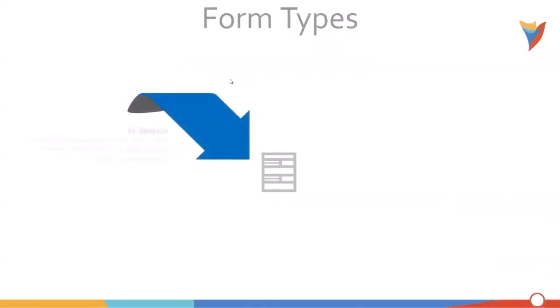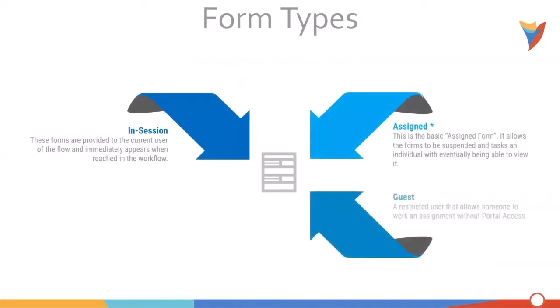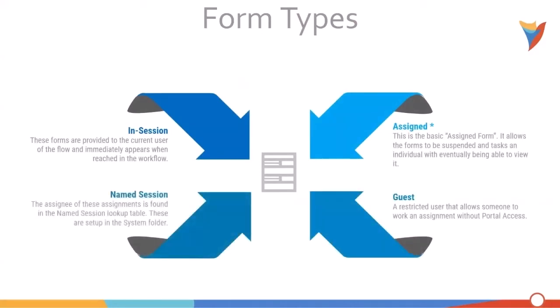Welcome back. We are going to talk about assignments now. I want to give you a clear idea of what assignments are before we get into actually using them. Assignments are tasks that allow flows to wait in a permanently paused state until acted upon by a direct user interaction or an external system. So let's think back to the flow that we were just creating.